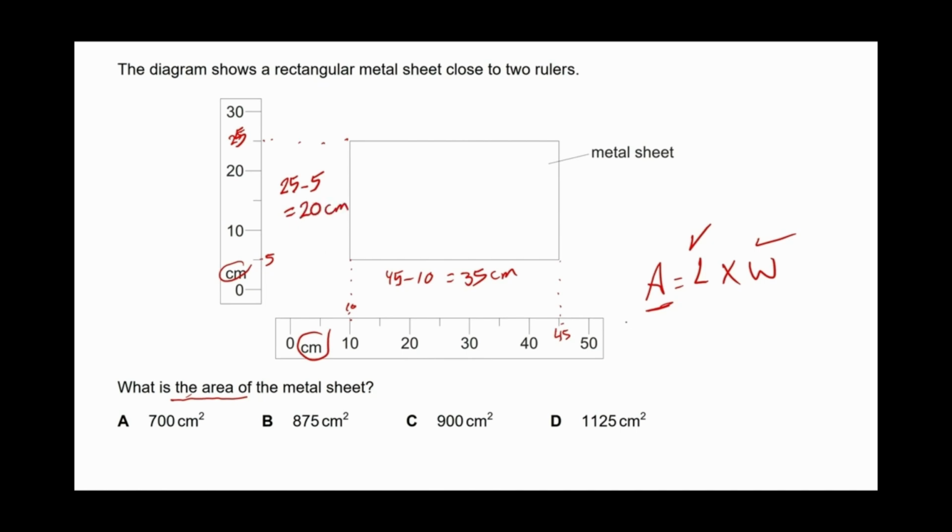Good. The area, as we said, equals length 35 times width, which is 20, equals 700 square centimeter, or centimeter square. Look at this. This is centimeter and this is centimeter. Centimeter times centimeter is centimeter square. So the answer is 700 square centimeters.